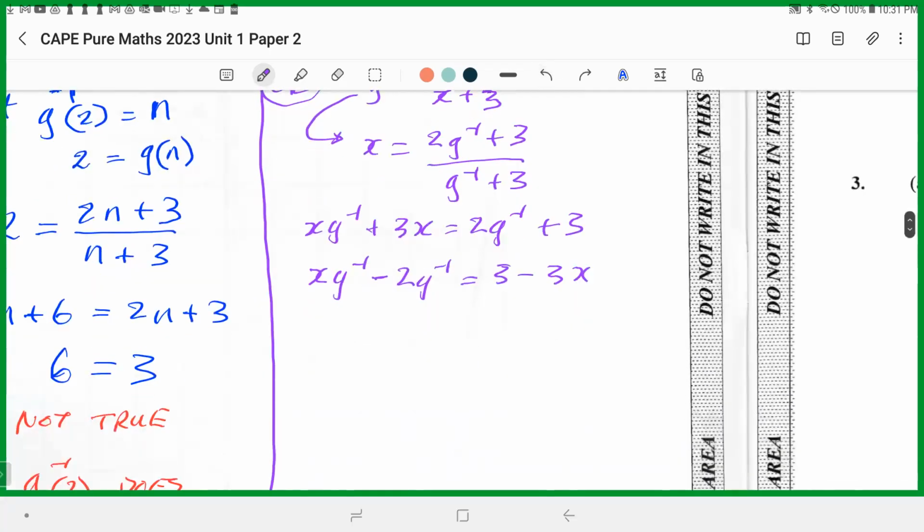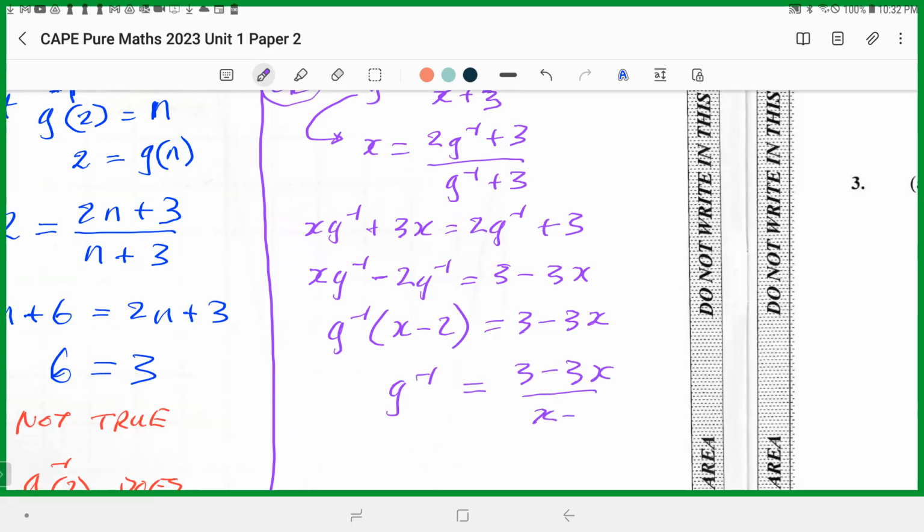I'm going to factorize the g to the minus 1 out of these two terms. So I'm going to get g to the minus 1 into x minus 2 equals 3 minus 3x. So then I'm going to get g to the minus 1 equals 3 minus 3x over x minus 2.